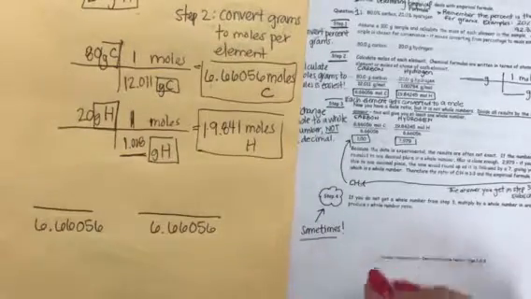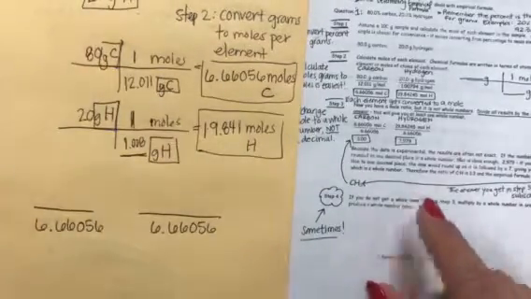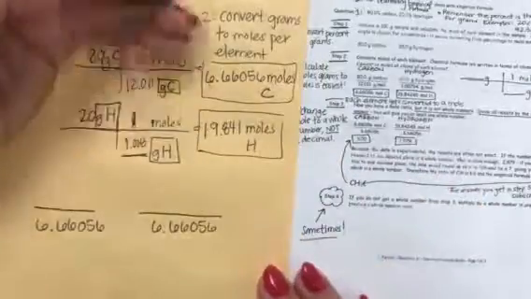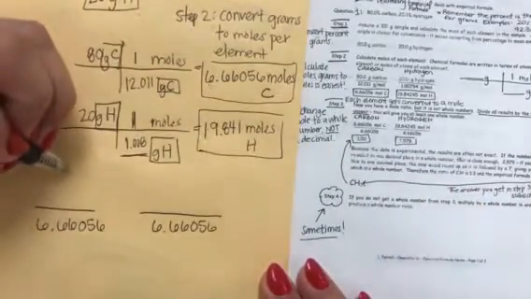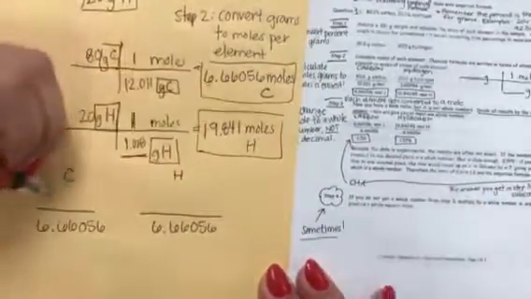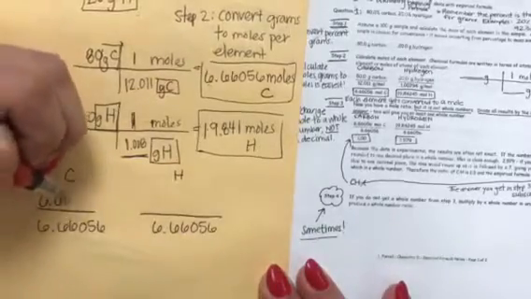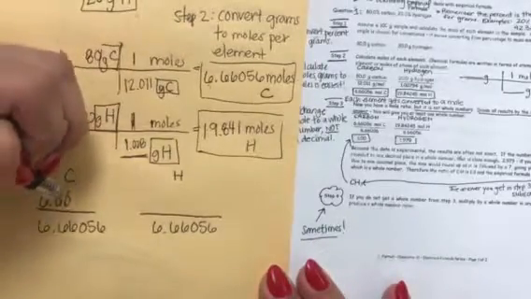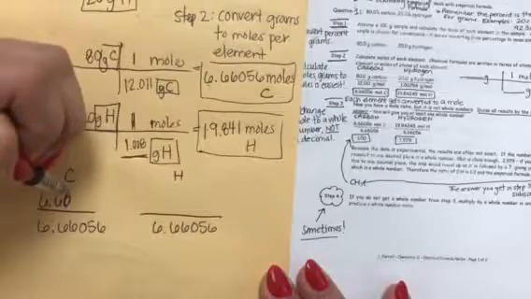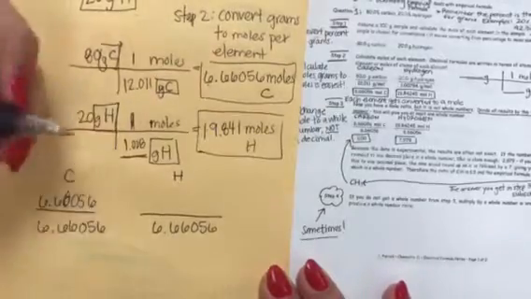Okay, so now what do I do with that? I put each mole on top. So this will be from carbon and this will be for hydrogen. So if I divide this, I'm just going to get 6.66051.